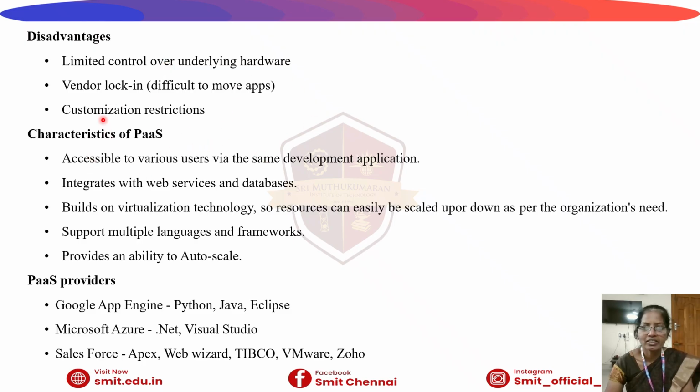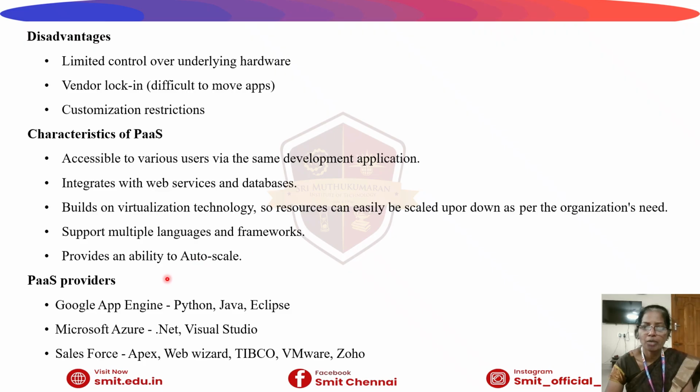What are the characteristics of Platform as a Service? Accessible to various users via the same development application. It integrates with web services and databases. It builds on virtualization technology, so resources can easily be scaled up or down as per the organization's needs. It supports multiple languages and frameworks.